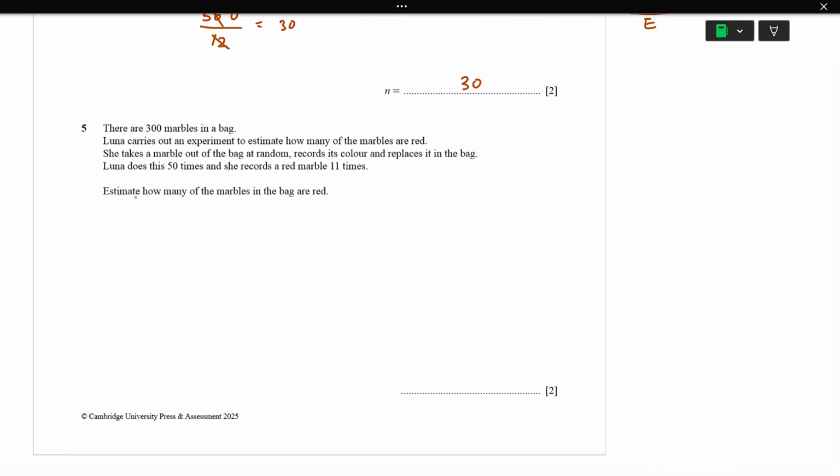So 11 over 50 times 300, which is 6 times 11, so 66. So 66 red marbles were there.